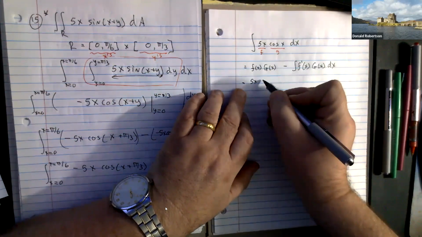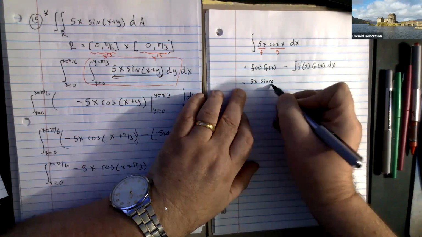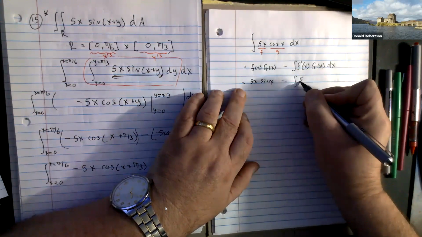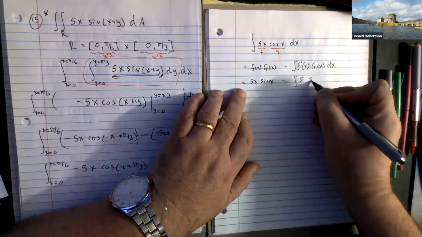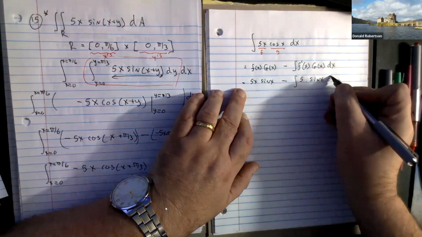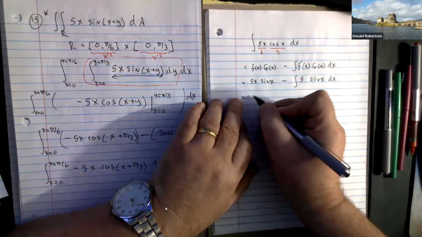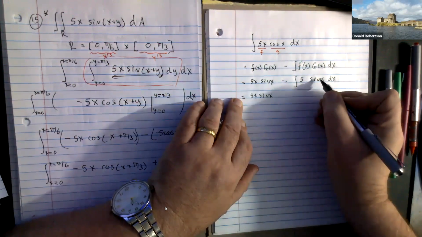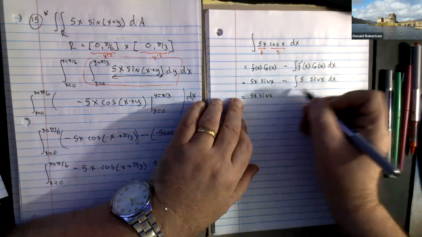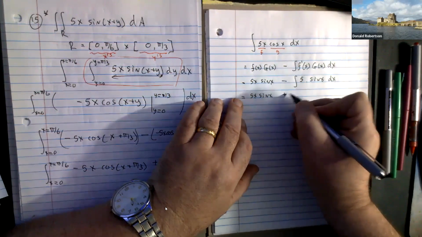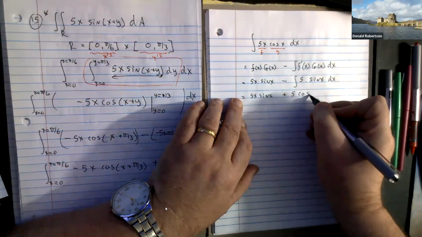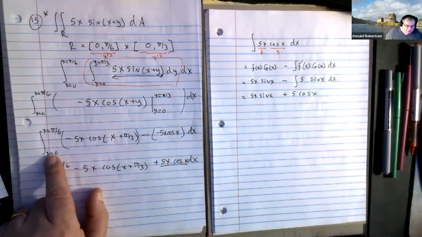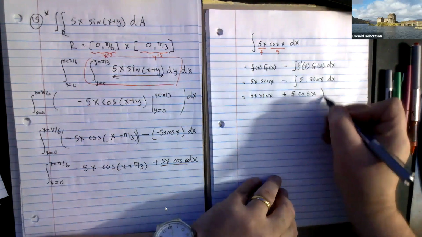If you integrate a cosine, you get a sine. Take away the integral. If you differentiate this guy, you get 5. If you integrate this guy, you get sine x. And now you get 5x sine x. And integrating 5 sines gets you negative 5 cosines. 2 negatives give you a plus. And you've got that guy. And then you do it from 0 to pi upon 6.